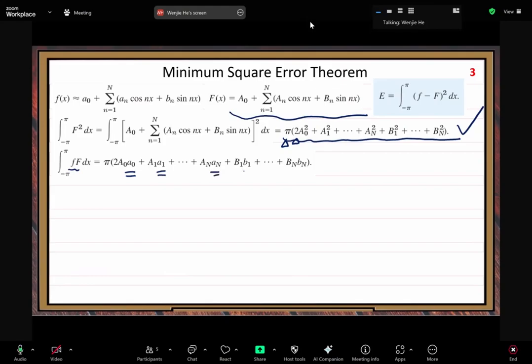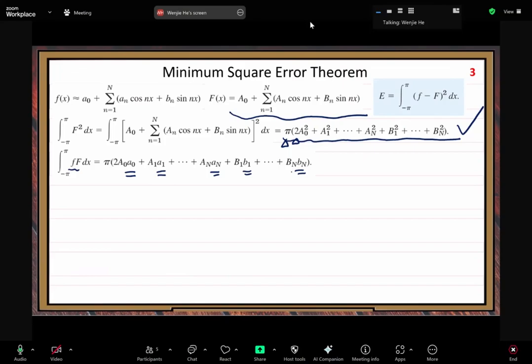The little a, little b, all these little a, little b, and then the original capital A, capital B, you also need to carry. For those cosine squared and sine squared terms, you have that. For the cross terms, sine and cosine with different m and n, all gone.